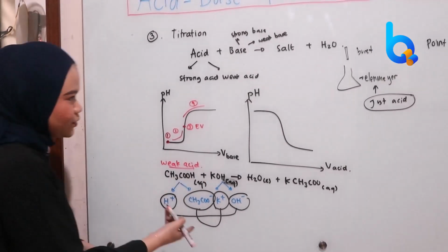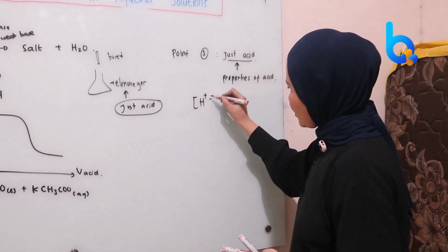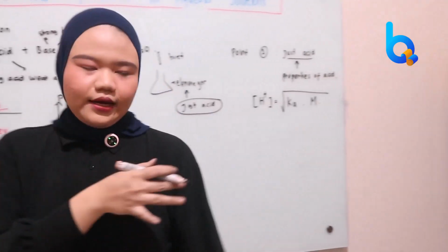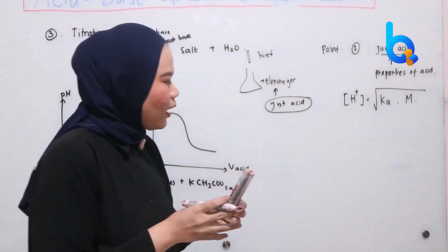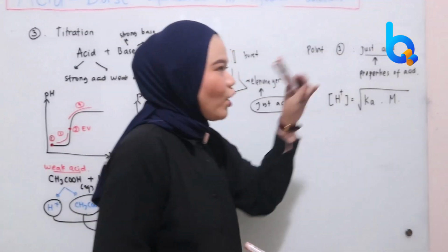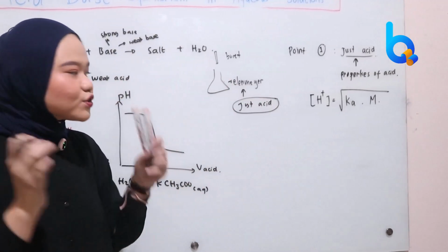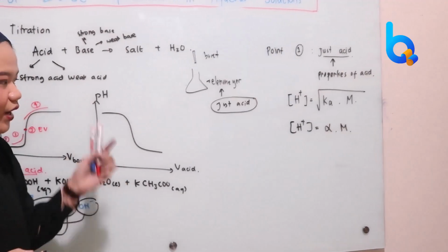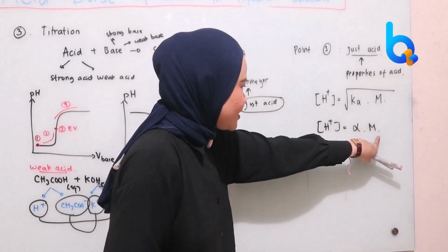Weak acid, so H plus is equal to the square root of Ka times the acid concentration. I wanted to make it clear that if you have alpha, and you don't have Ka in the question, you just have alpha, you can also calculate with this equation. So you can put just alpha and then the concentration for the acid.